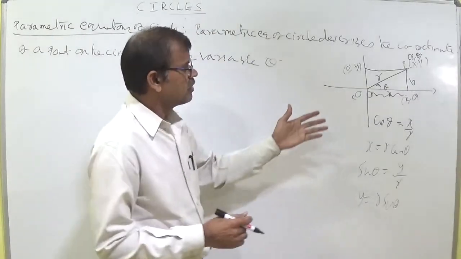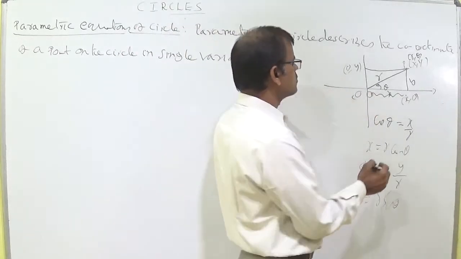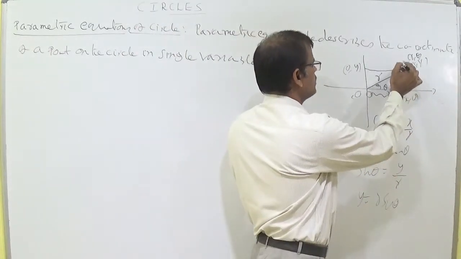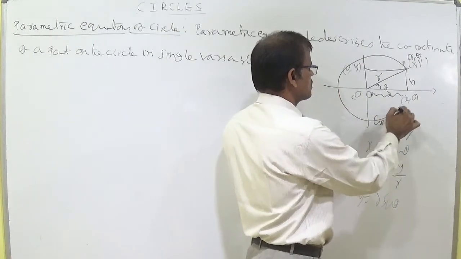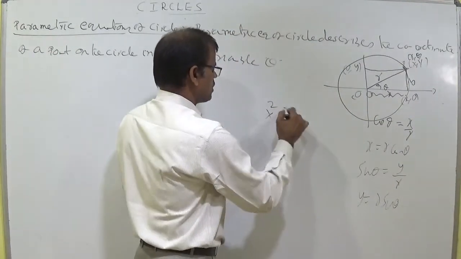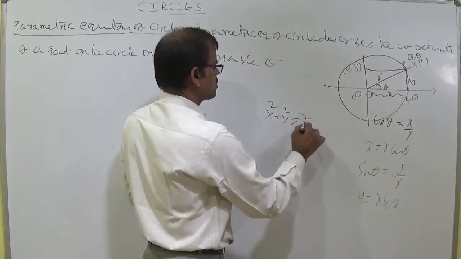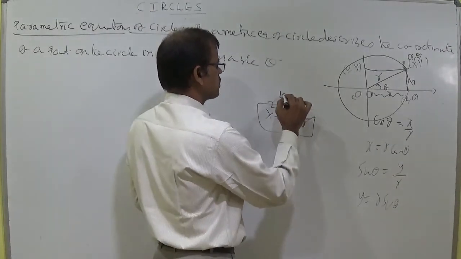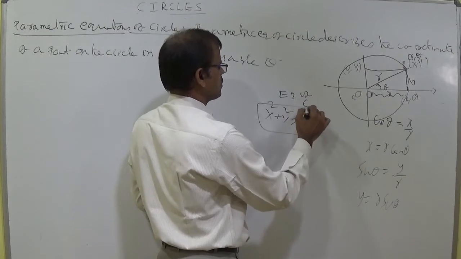In the same way, try to understand that this is nothing but a circle having radius r. So the equation of circle you can write here: x square plus y square is equal to r square.